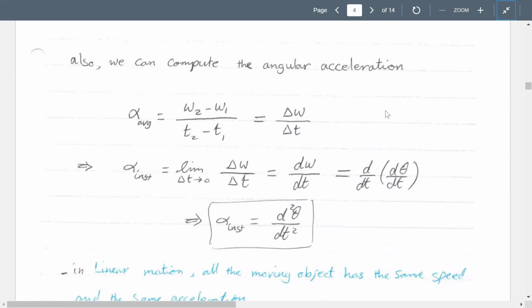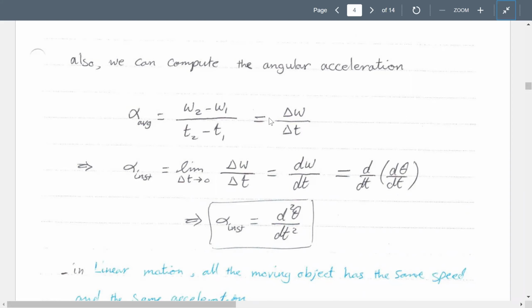Now we have the average angular acceleration. It is delta angular velocity over delta t, omega 2 minus omega 1 over t2 minus t1. The linear acceleration was a; its counterpart now is alpha. We use alpha for angular acceleration.